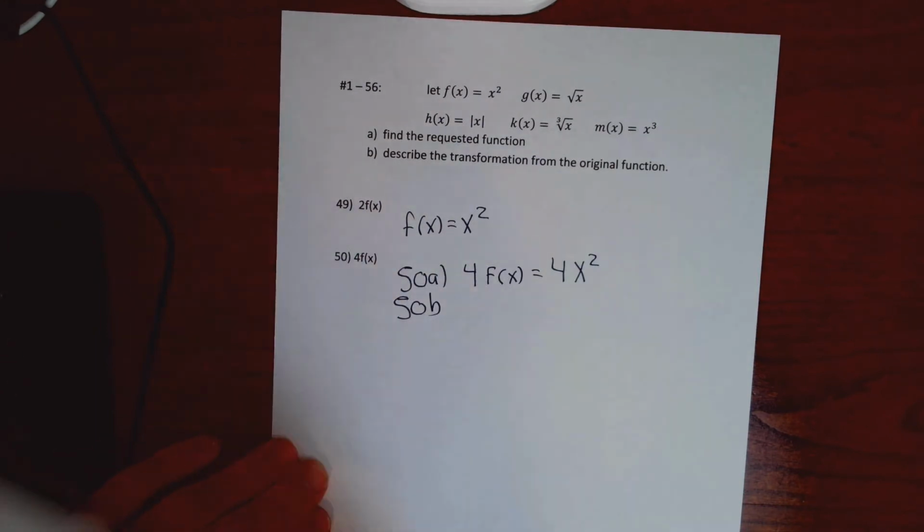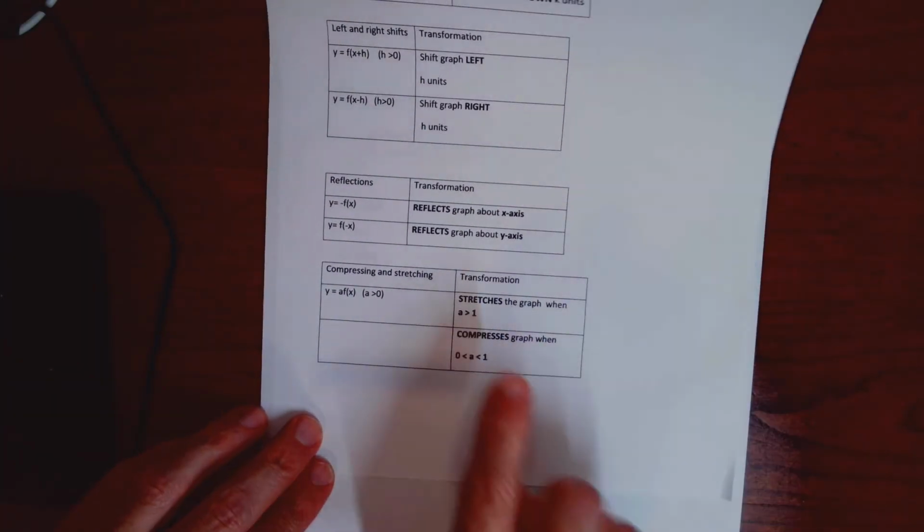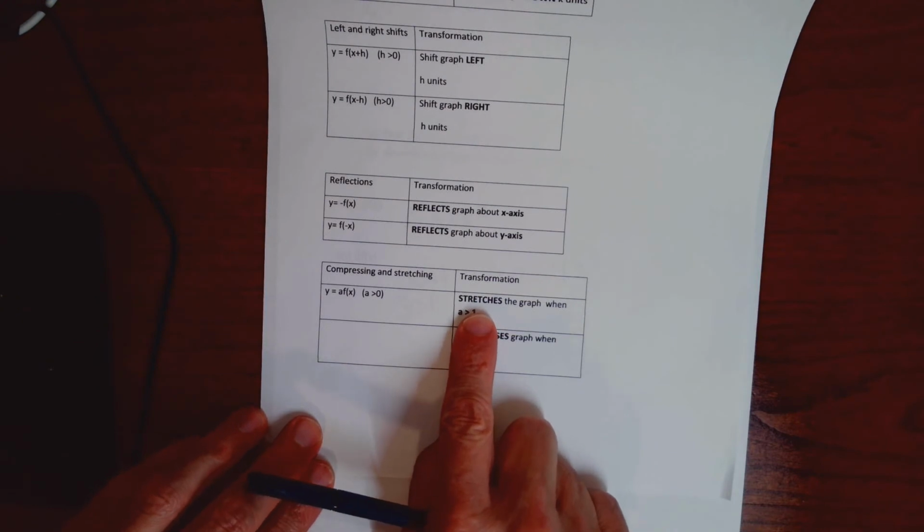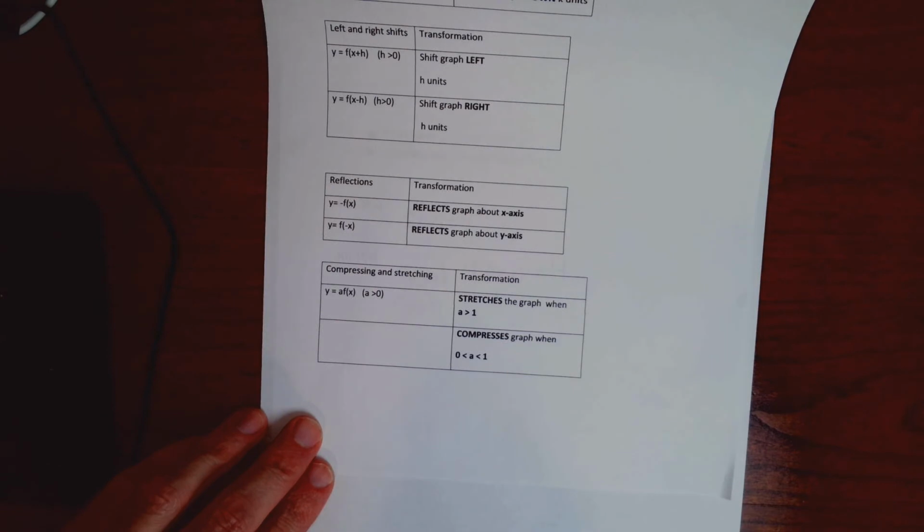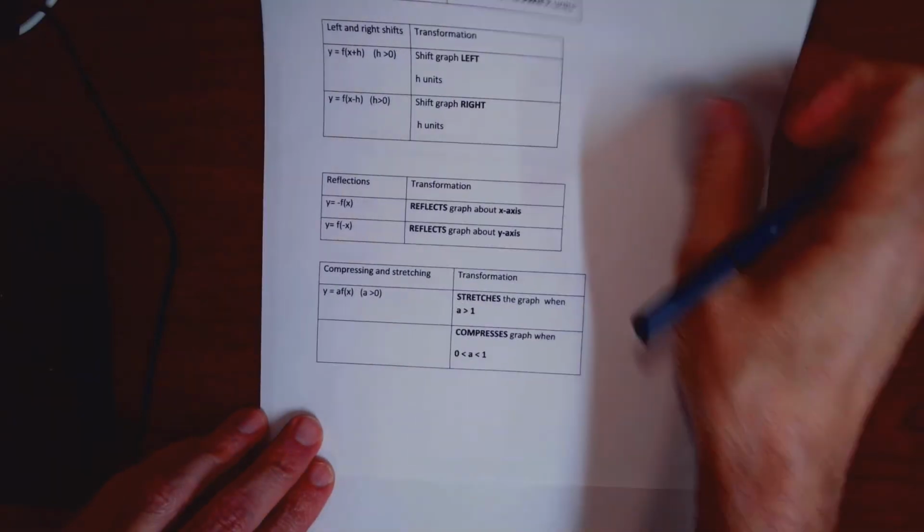And if you multiply by a number bigger than 1, it's proper to say that it stretches the graph. A lot of times I say it makes it narrower, but when you have square root functions, you can't see the narrower. With absolute values and parabolas, it's easy to say the narrower. So the stretches is technically a better word.